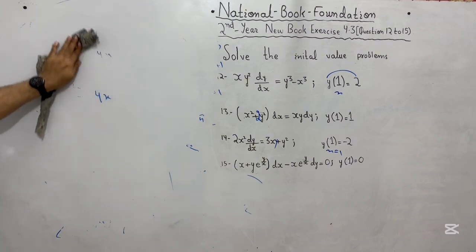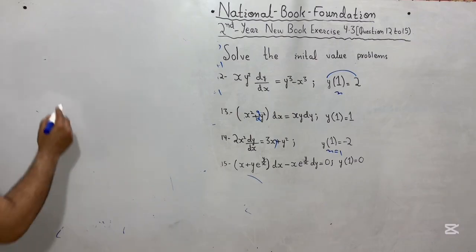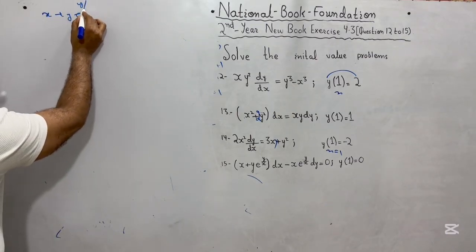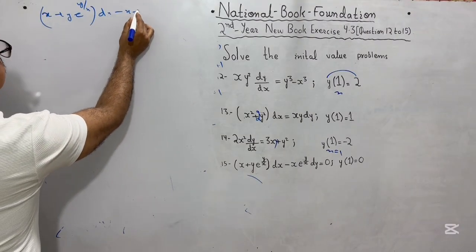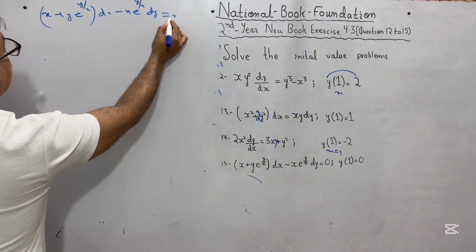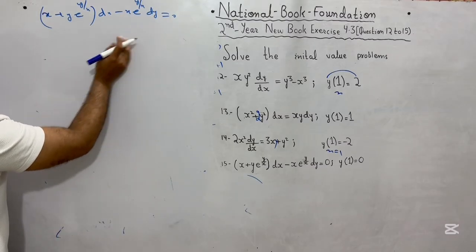Question number final one. x plus y times e raised y over x times dx minus x times e raised y over x dy. First, get ready the ratio. Getting ready the ratio, shift this quantity here.